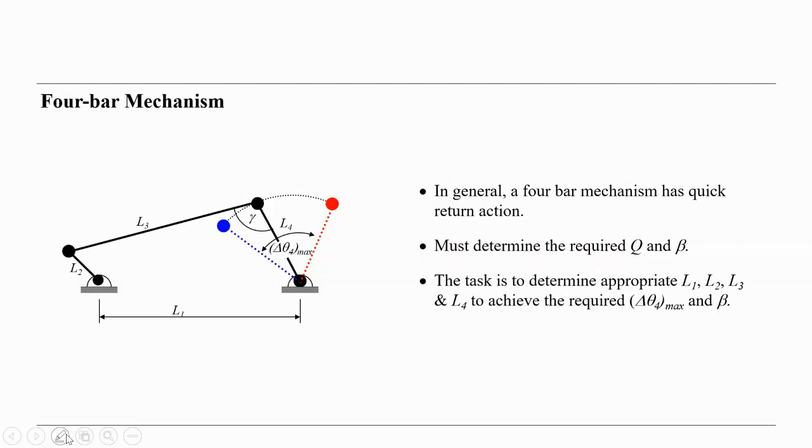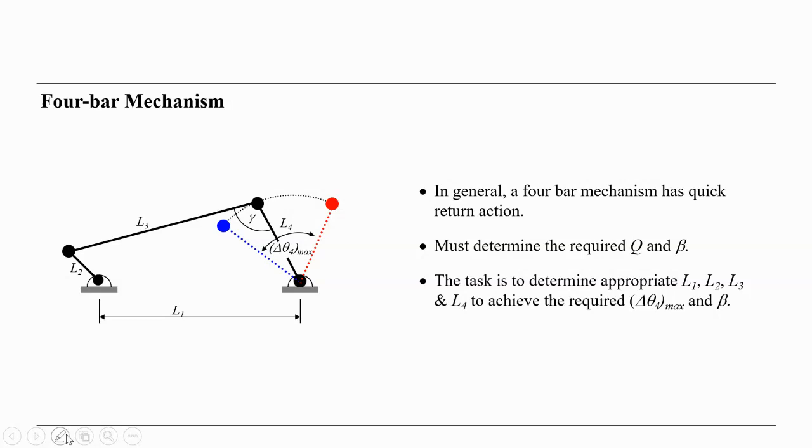But in case of the return, in many applications there is no limitation, or there is no, let's say, any expectation, because the expectation is that it should come back as soon as possible to start a new cycle.